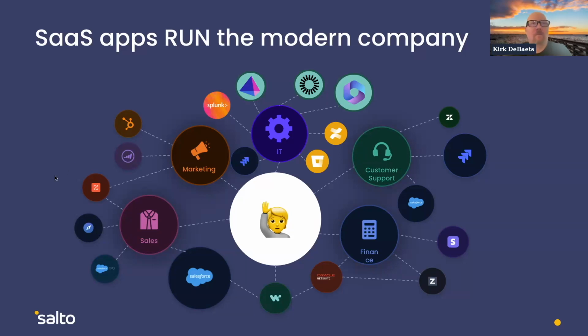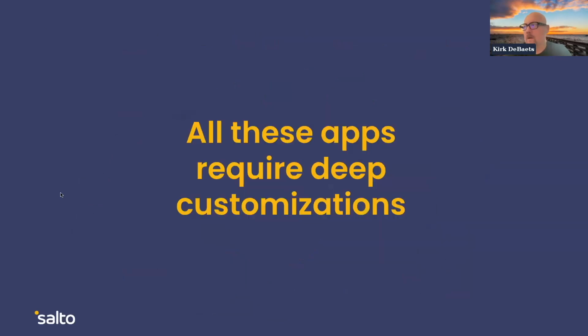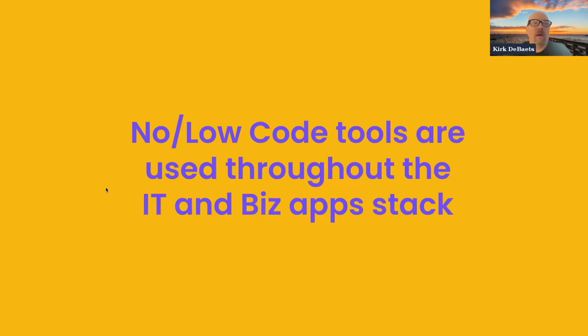It's kind of become the new norm for SaaS to be everywhere. The challenge is all these apps require deep customizations to make them work for your organization. Now, most of these are no and low code tools that are used entirely throughout the stack, Jira being one of them.